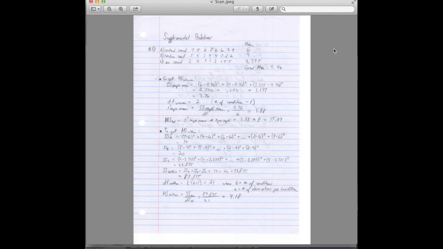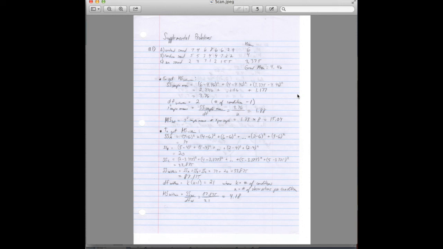So I've done that here, and you can see that the mean for group A, constant sound, was 6, the mean for random sound was 4, and the mean for no sound was 3.375. And then you also have to calculate the grand mean, which you can either do by averaging the 3 means here, or you can average all of the data in this to get the grand mean, and they should both come out to the same answer.